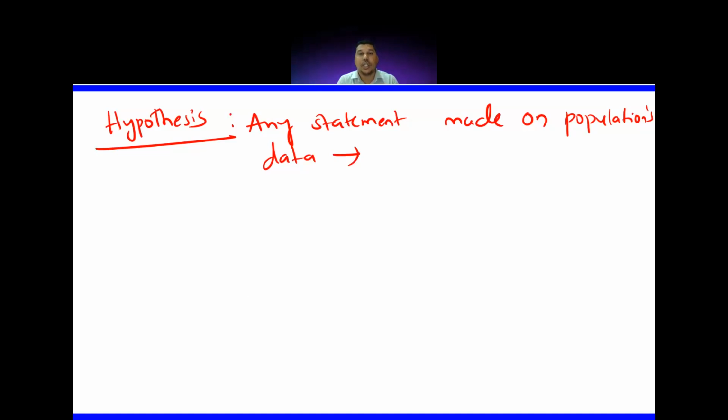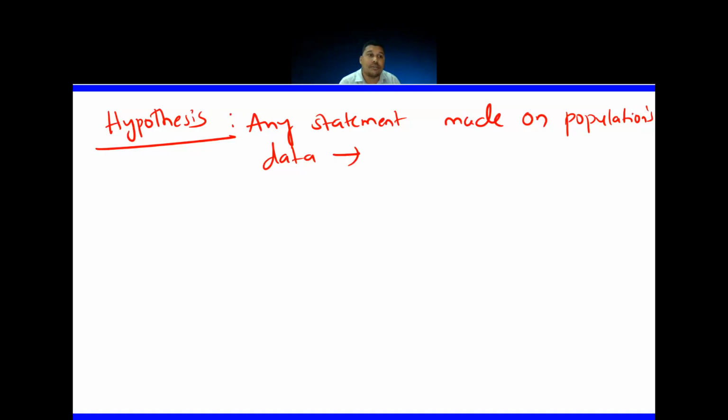That is the data. You are making a comment on the population's data of your institute. It is not about a particular branch, right? You are saying the average package for placements at our institute is 15 lakh. So that is about all the students of all the branches of different courses, BTech, MTech, PhD included together. So you are making a comment on the population's data. Such statements made on the population's data are called a hypothesis.